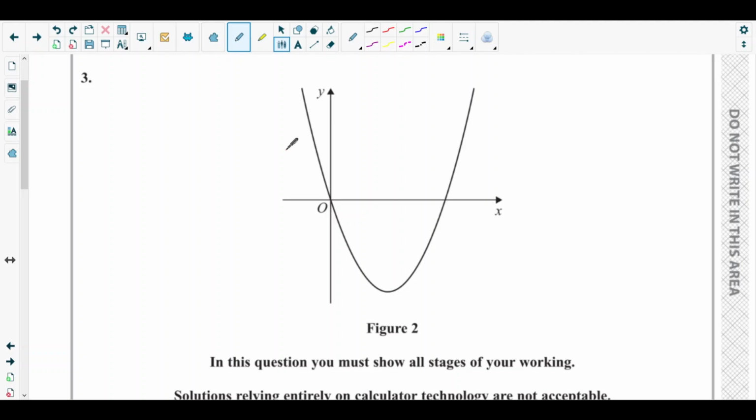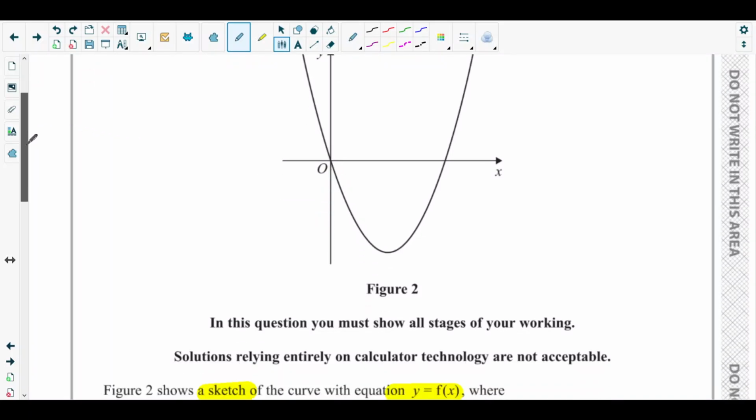The work of the modulus is to make values positive. That means whatever the value of x is, either positive or negative, it will give a positive outcome due to the modulus.